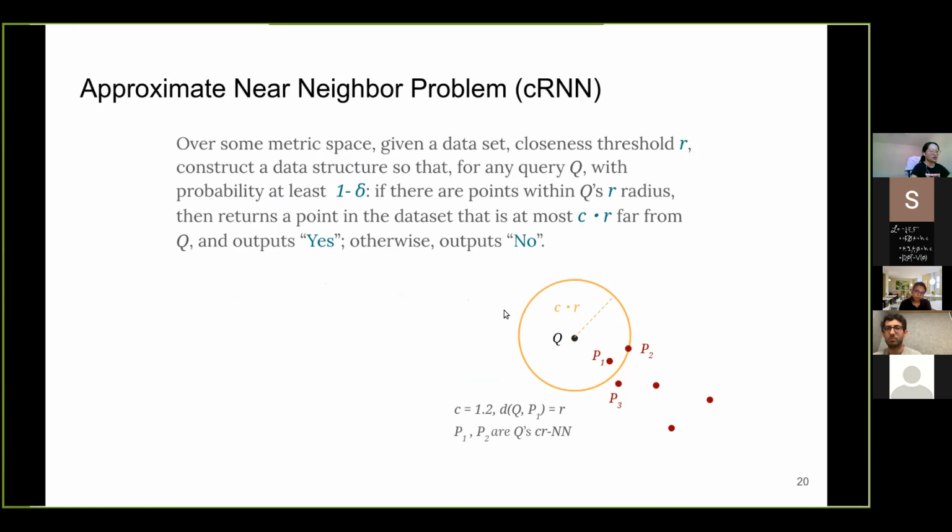Suppose C, which is the approximation factor, is 1 plus epsilon. C equals 1.2, and the distance between Q and P1 is R. Then suppose this orange circle has radius C multiplied by R, then we say P1 and P2 are Q's CRNN.